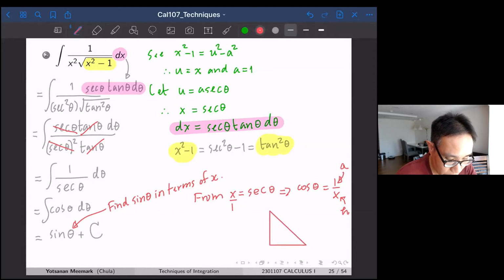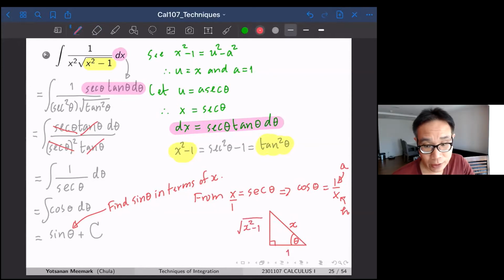So for this one, you get theta, and you have hypotenuse is x, you have adjacent is 1, and by the Pythagorean theorem, this side is going to be square root of x squared minus 1. That is my opposite.